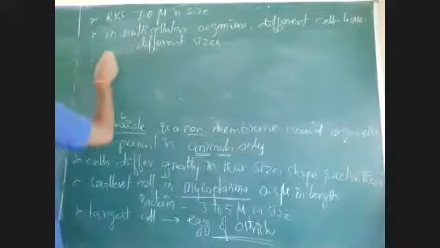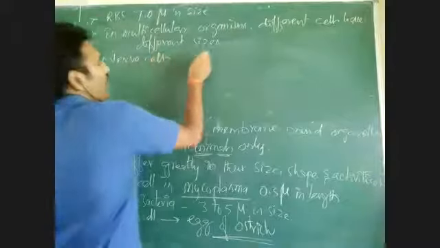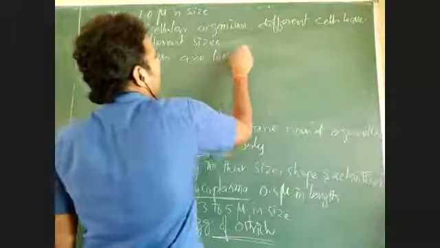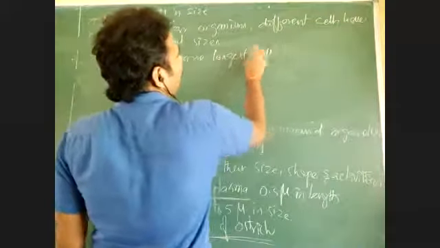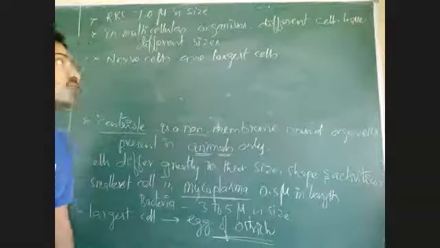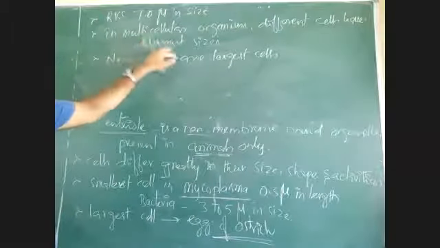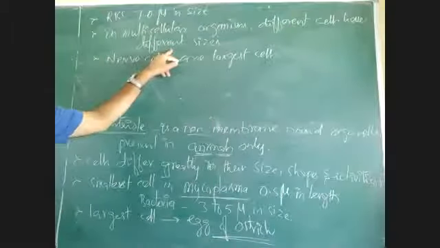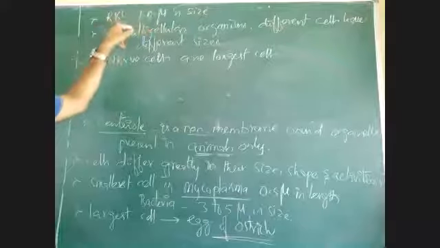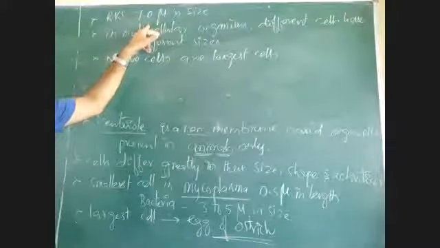Suppose nerve cells are there now. Nerve cells are the longest cells. What are nerve cells? Please read the first point. In multicellular organisms, different cells have different sizes. If you take RBC, it has 7 microns in size.